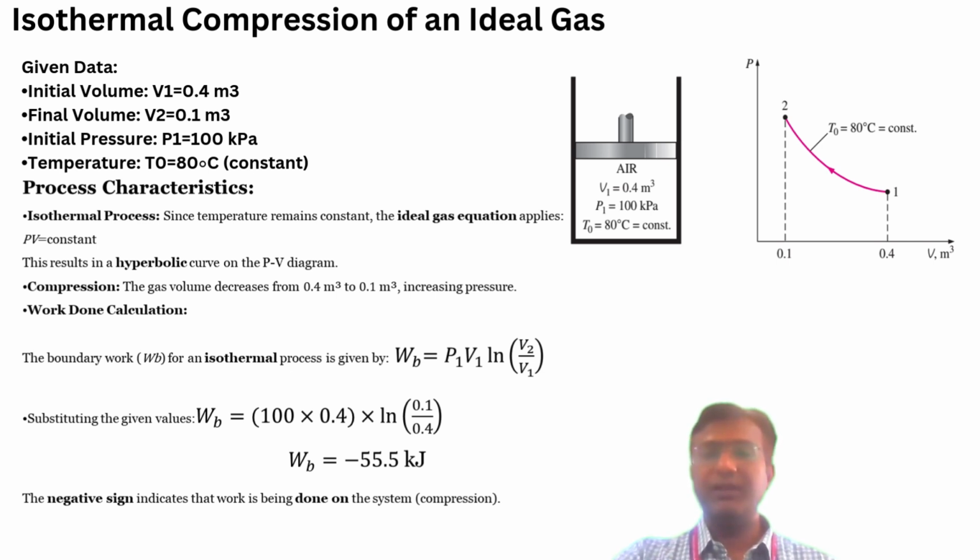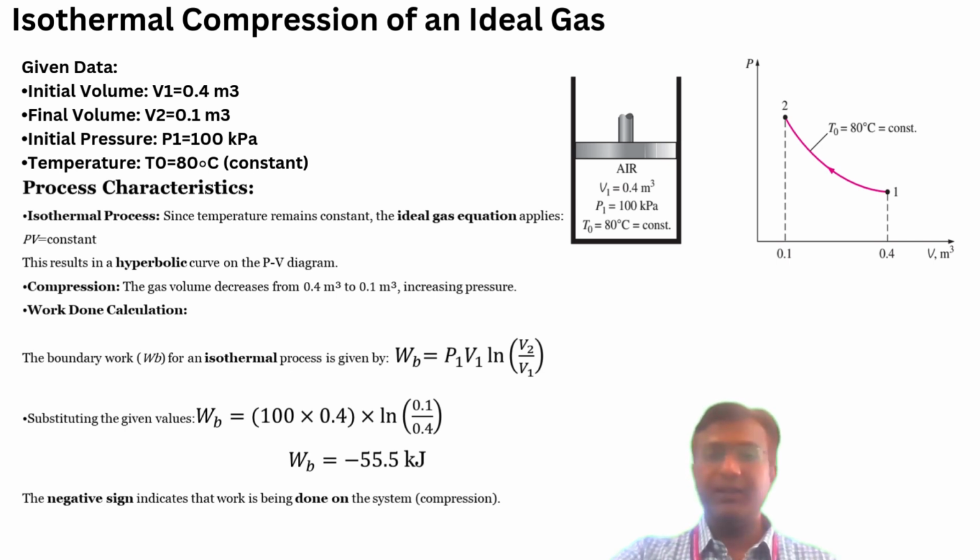Since the temperature is constant, let us use the ideal gas law, PV equals mRT. The mass is constant, R is also constant, that is the characteristic gas constant, and the temperature T is also constant. Therefore, the product of pressure and volume becomes a constant value.